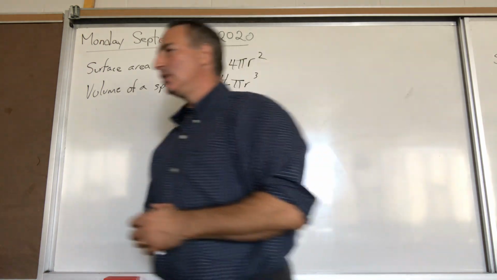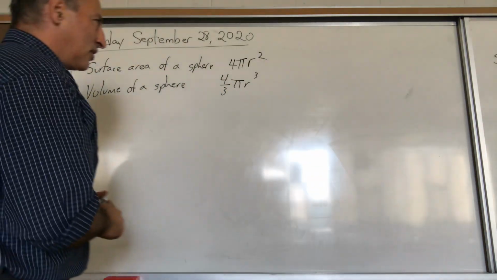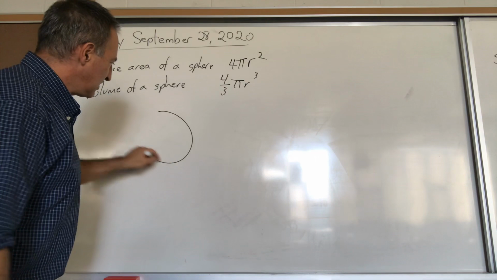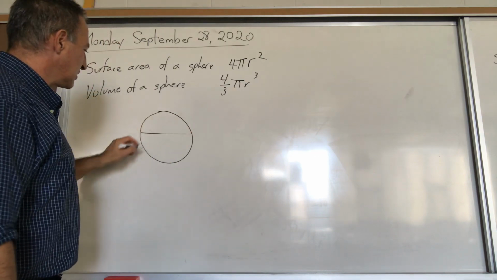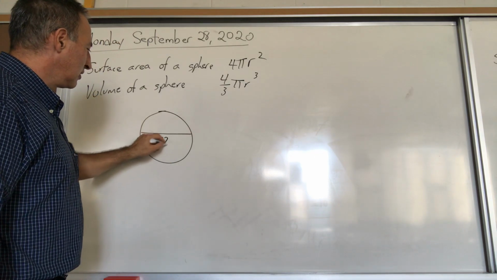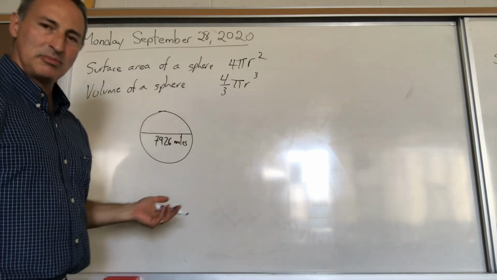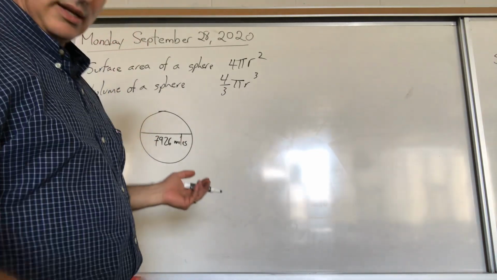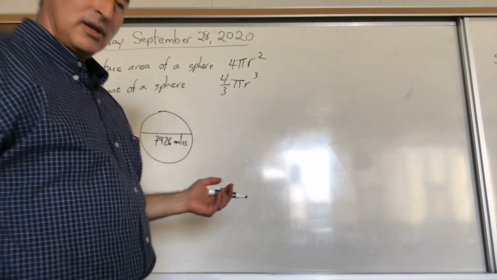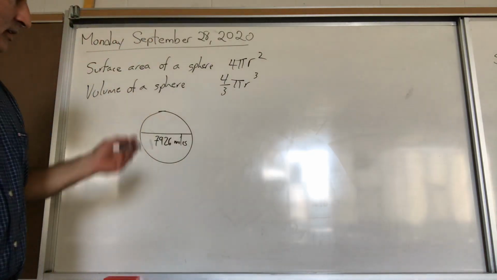Let's find out. I know one thing about the Earth. I know that the Earth is 7,926 miles across. And the only reason I remember that is because I used to like astronomy when I was a little kid, and I memorized all the diameters of the different planets, and I memorized the Earth.